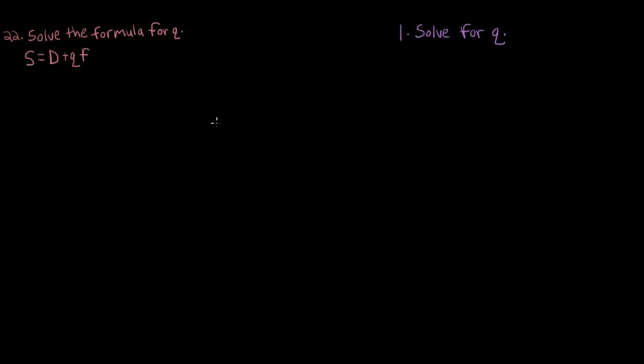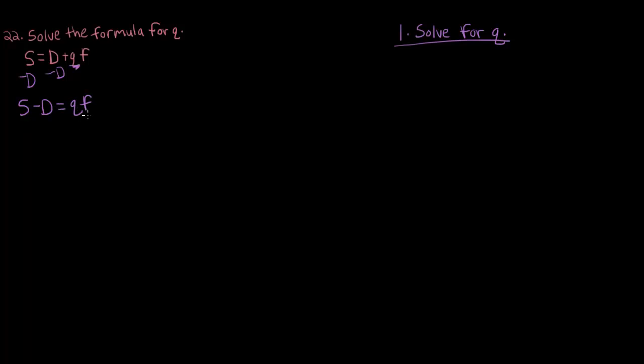Solve the formula for Q. Capital S equals capital D plus QF. Step 1, solve for Q. That's it. We're trying to get Q right here by itself. So we can just go ahead and subtract D from both sides. Capital S minus capital D equals QF.